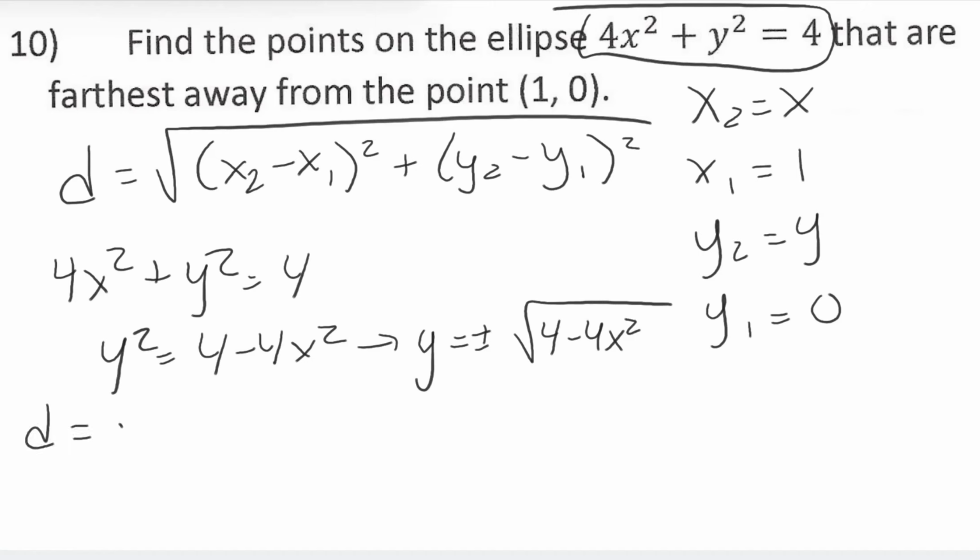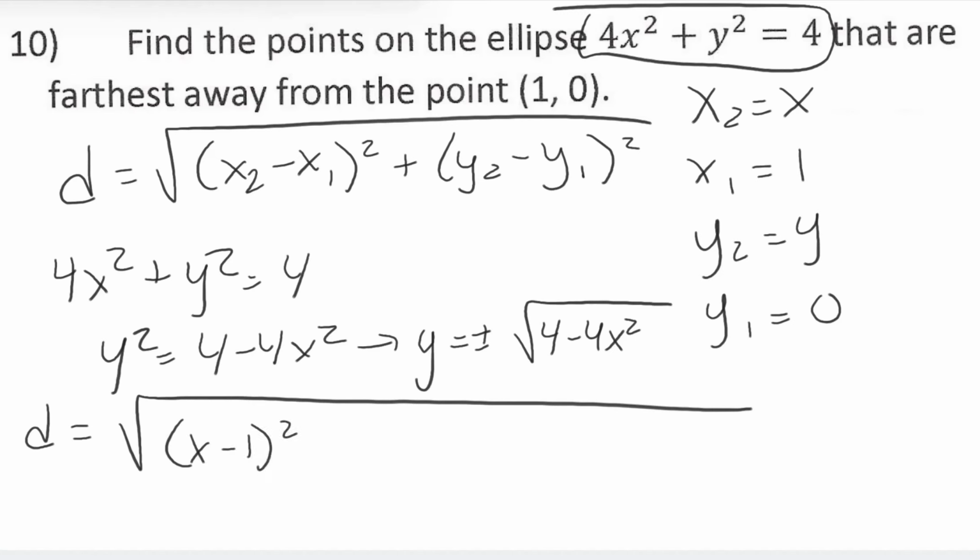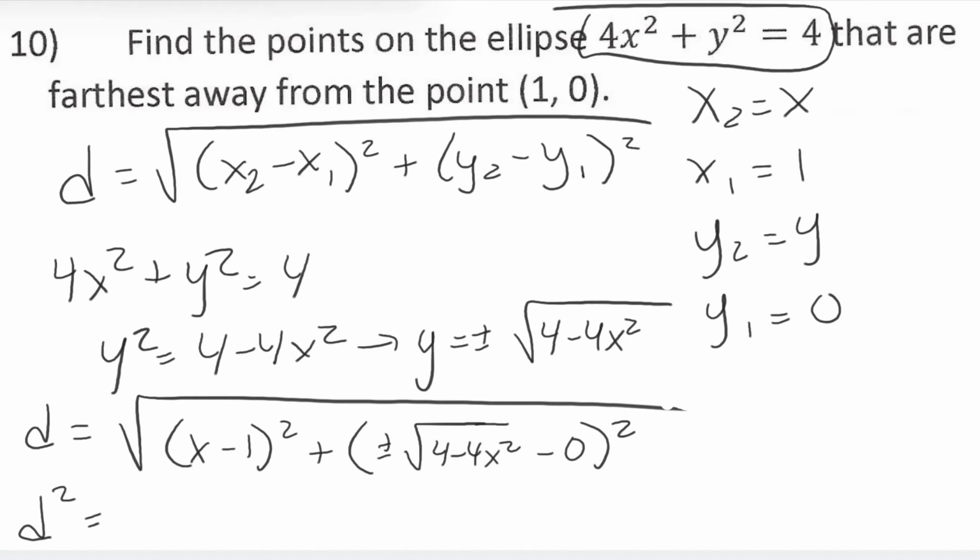So my d now becomes the square root of x minus 1 squared plus the square root of 4 minus 4x squared minus 0, squared. And if you remember right, when I did this problem in class, I said we could just use d squared, so we're just looking at the stuff underneath it, which makes my life a little bit easier.